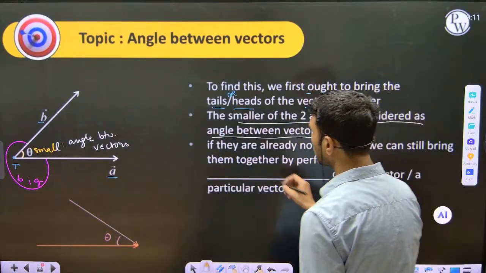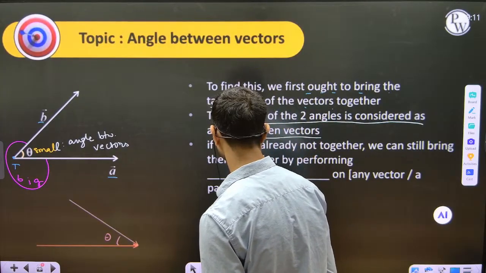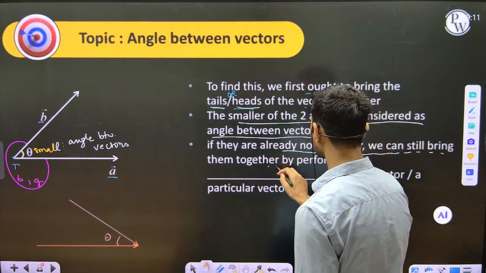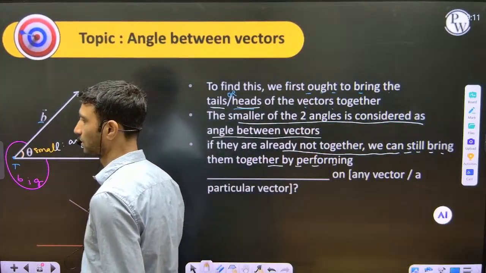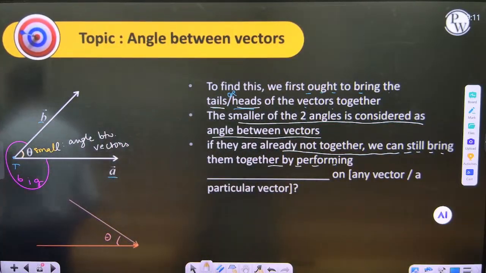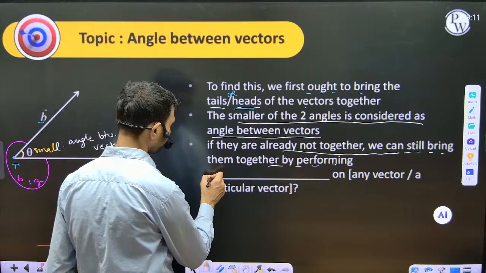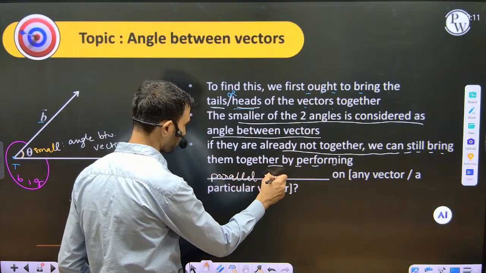So the tails should be together or the heads should be together, any one of them. And if they're not already together, we can still bring them together by performing something. So what can we perform? If the tails are not together or heads are not together, what do we have to perform? By performing parallel shifting.